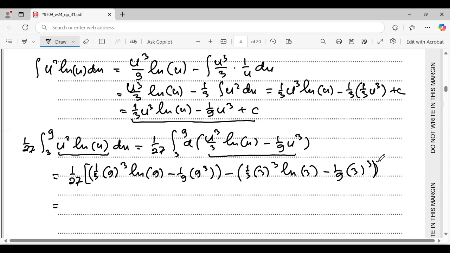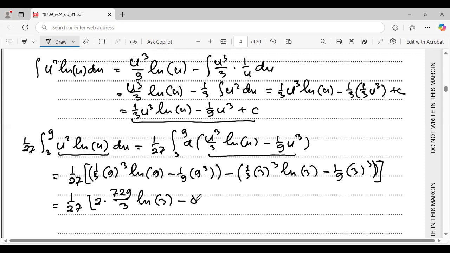So it becomes 1/27. Ln 9 is 3 squared, so based on the log rule, 2 times 729 over 3 ln 3.